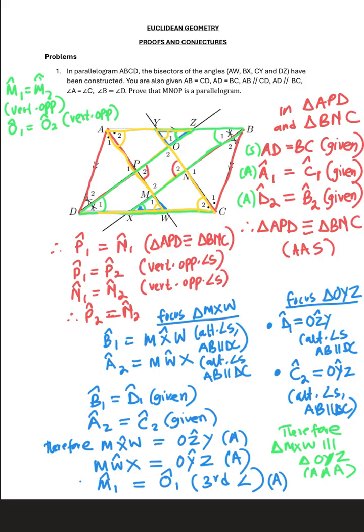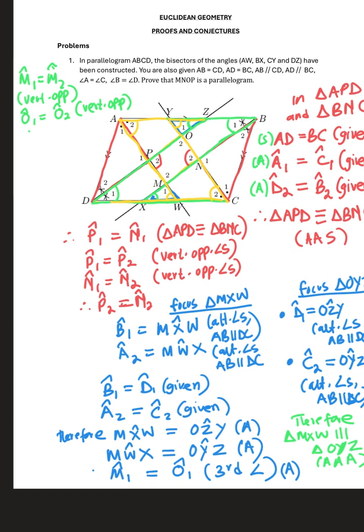Because angle M1 equals angle M2 and angle O1 equals angle O2, and we have shown that angle M1 equals angle O1, therefore angle M2 is equal to angle O2.